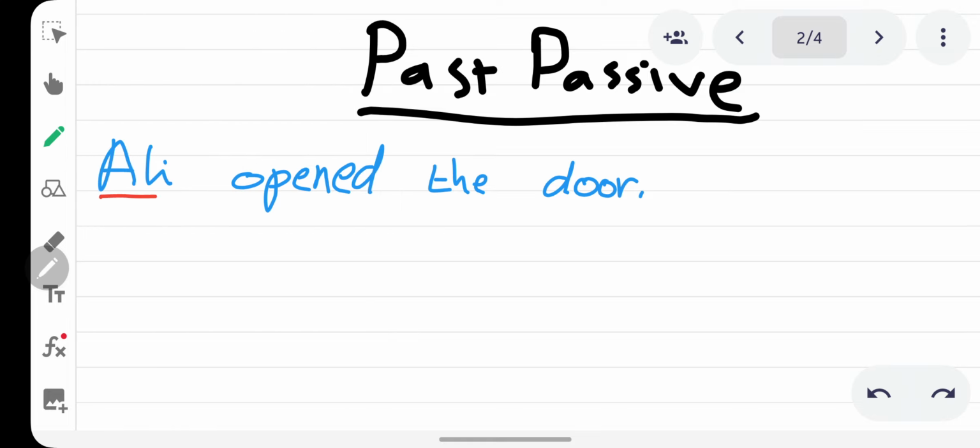Ali is the subject. Now opened is the verb. The door is the object of the sentence. Now Ali is the doer of the action. Opened is the action, and the door is the thing that received the action.